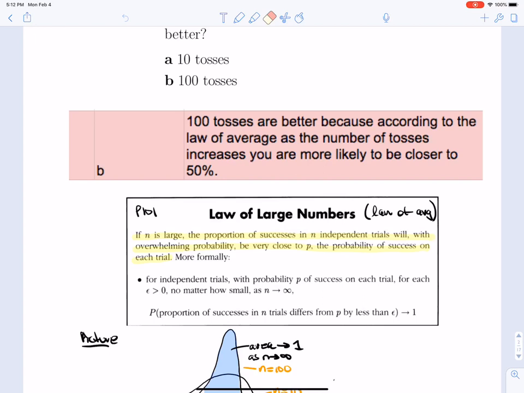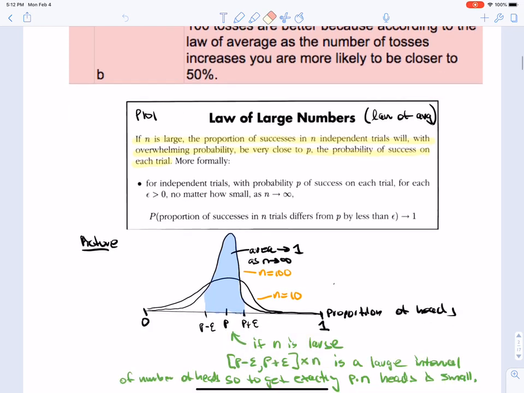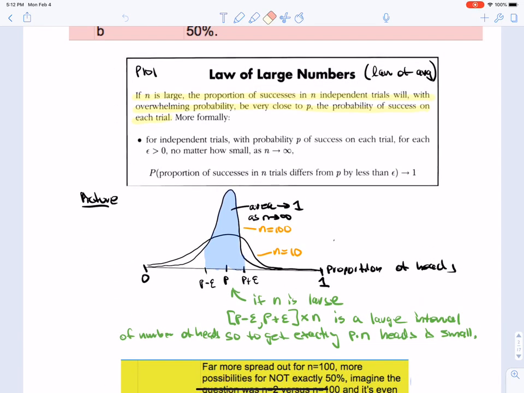But that doesn't actually tell you which is better for finding the probability of exactly 50%. Let's say that we're looking at the proportion of heads for both 10 and 100 tosses.